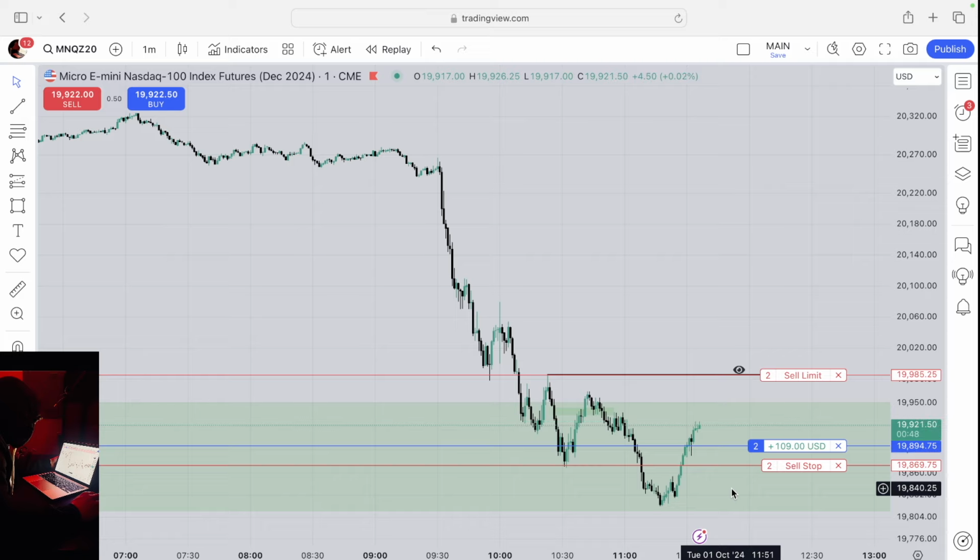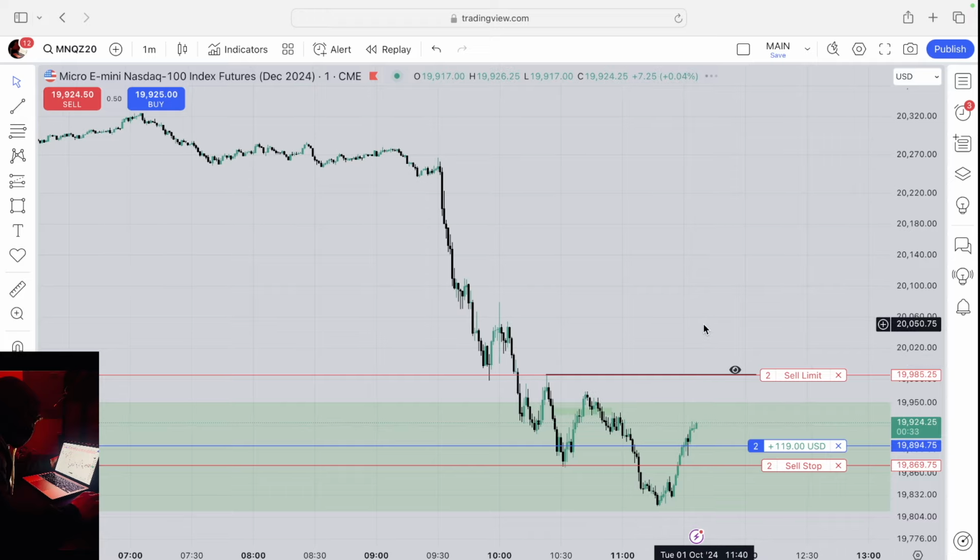Fair enough. All right, it's about $100 in profit here. I mean, you can look at that and understand that's not too significant, but obviously the risk to reward is very much so favorable.